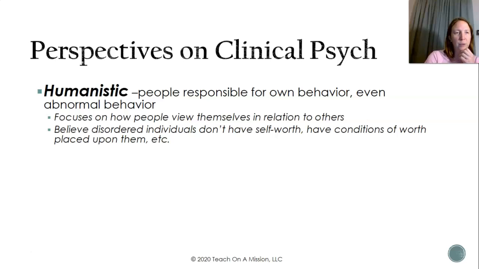And the humanistic perspective would say a disordered individual doesn't have a good sense of self-worth. And maybe that could be fixed because they probably have conditions of worth placed upon them, like perhaps to not be anxious, to not be depressed, to handle the difficulties of life, and that those conditions are put upon them, really making those feelings worse.